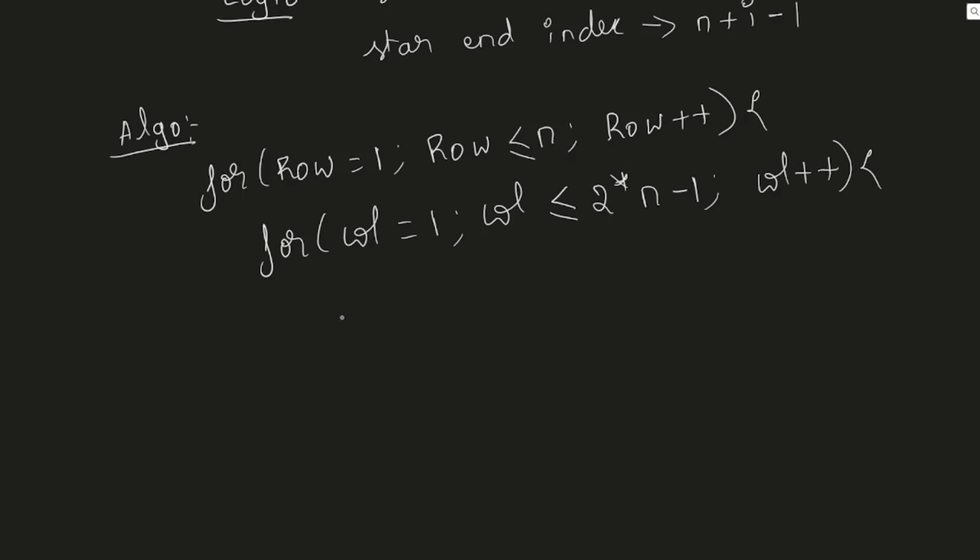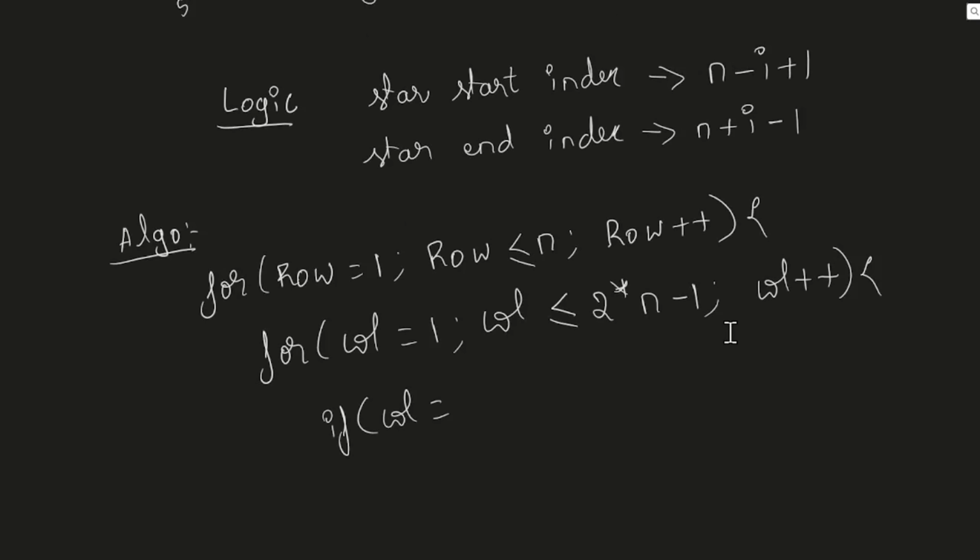Here the logic changes. Since we need to print the stars at a particular index, we can have an if condition checking whether the index is equal to our logic or not. If column equals n minus I plus 1, or column equals n plus I, which is nothing but row, minus 1.